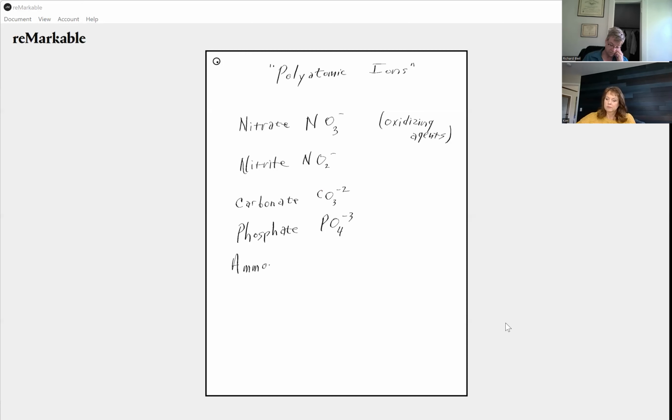Ammonium. NH4 with a +1 charge. Now let's throw in sulfate. Actually, let's do another quick one, sulfite. And the list goes on.